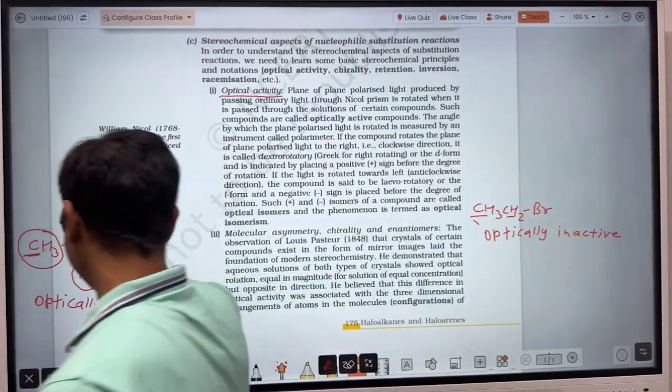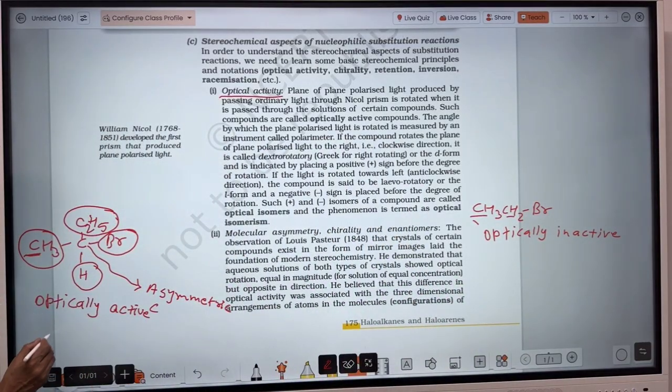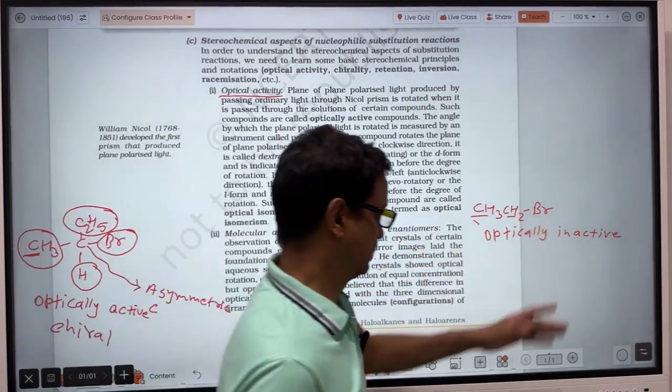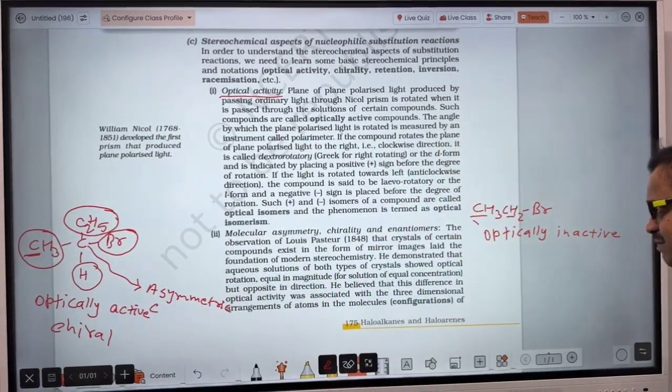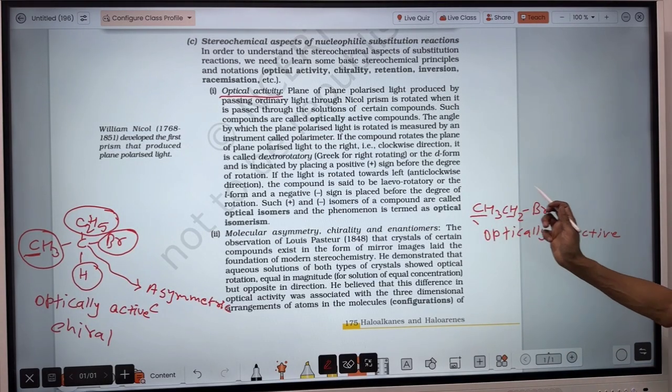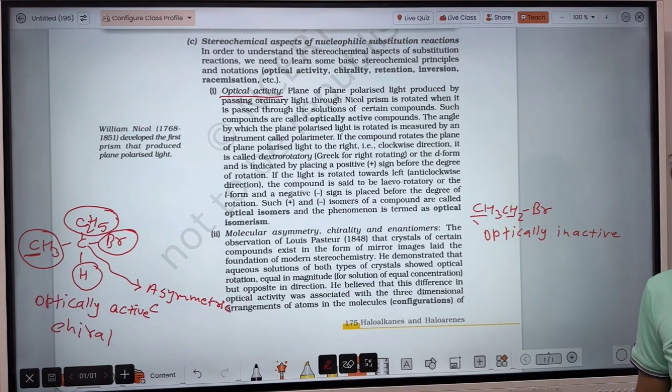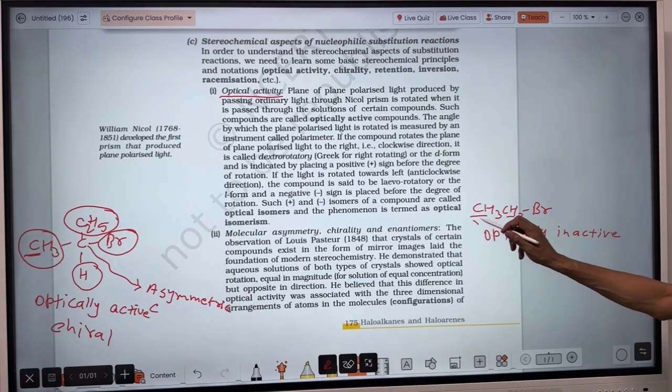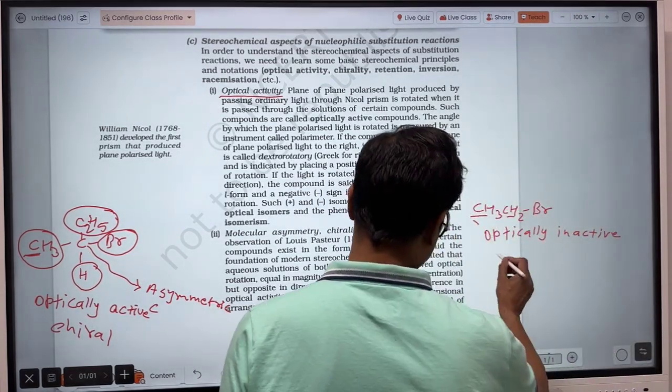So this molecule is optically active and chiral. And this molecule is not containing any asymmetric carbon, so this molecule is achiral.